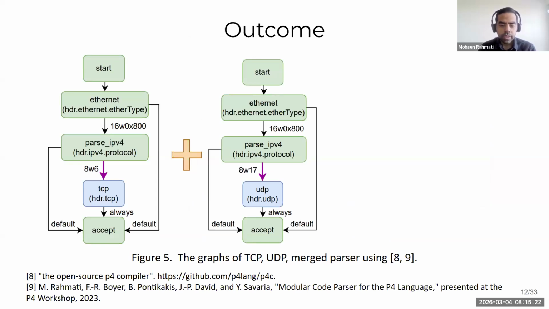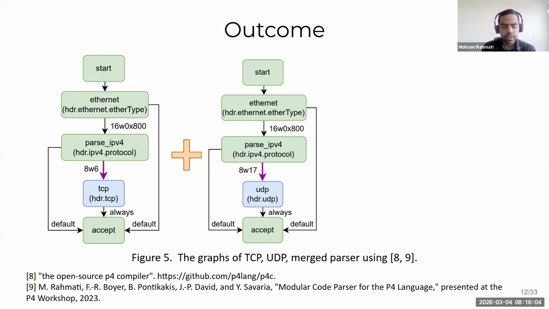As an outcome of this work, for example, if we have two parser graphs, one for processing TCP and in the middle one for processing UDP, we do not consider the names of the states because a programmer can use different names for the states of the nodes. So for these situations, we firstly define different nodes.